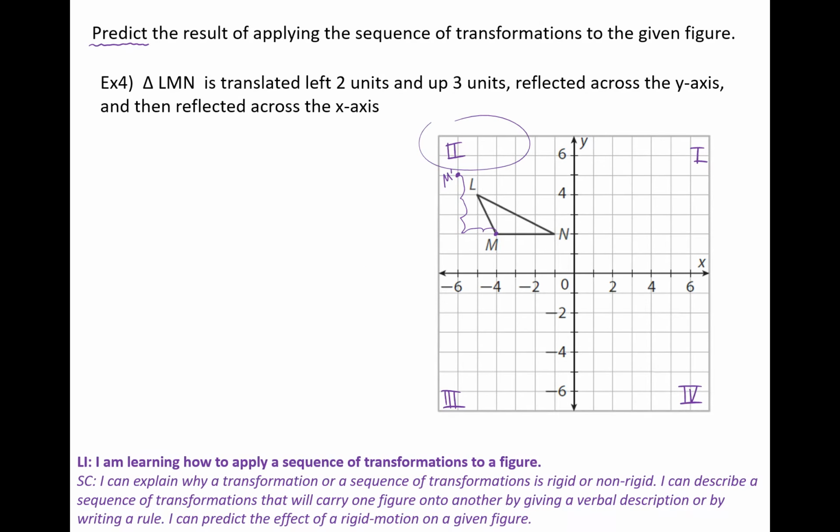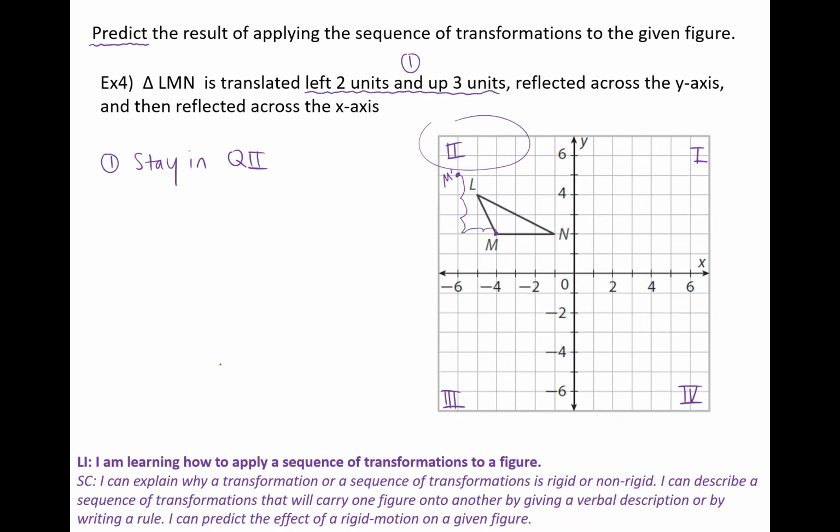Here's my M prime. And so it's going to stay in quadrant 2. So this is my first transformation. After transformation 1, it's going to stay in quadrant 2. I moved a little bit, but I didn't really change location very much. Then I'm going to go to the next one.